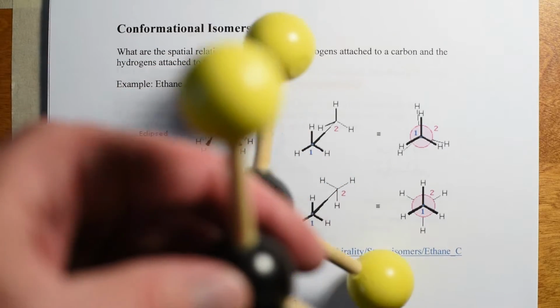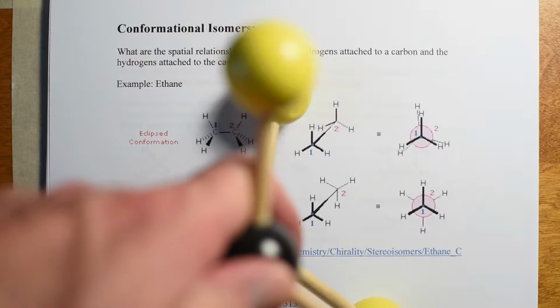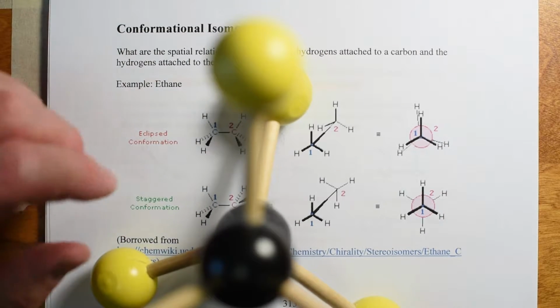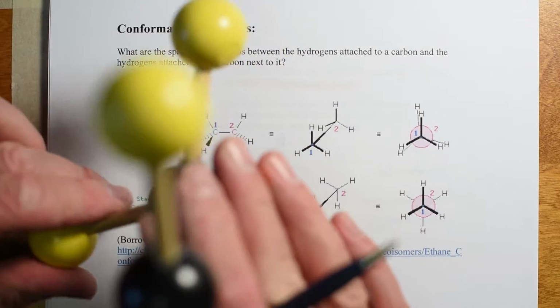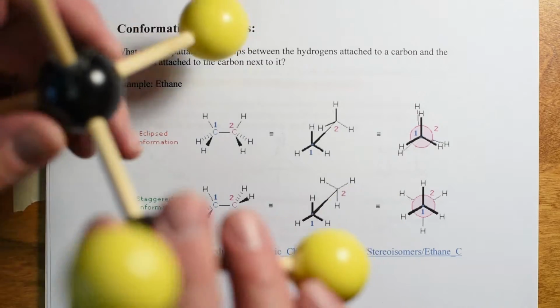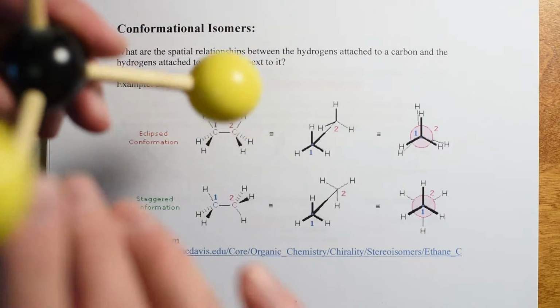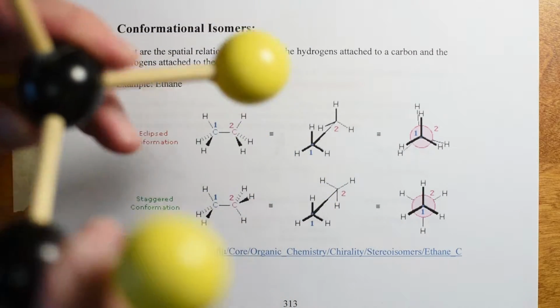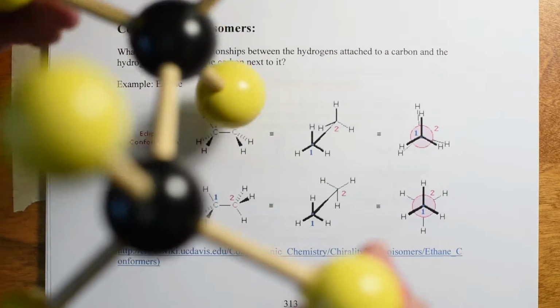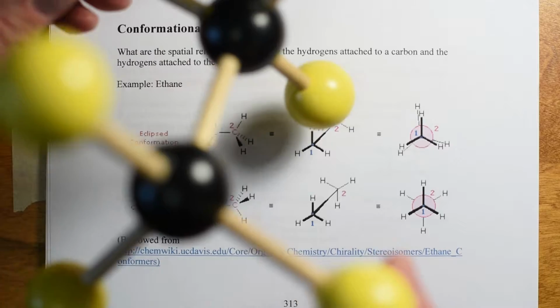So that's the eclipse, just like an eclipse with the moon getting in front of the sun, or the earth getting in the way and that kind of stuff. Okay, so that's the eclipse. The other thing that you could get is the staggered conformation, and you can see that this is quite a bit different.